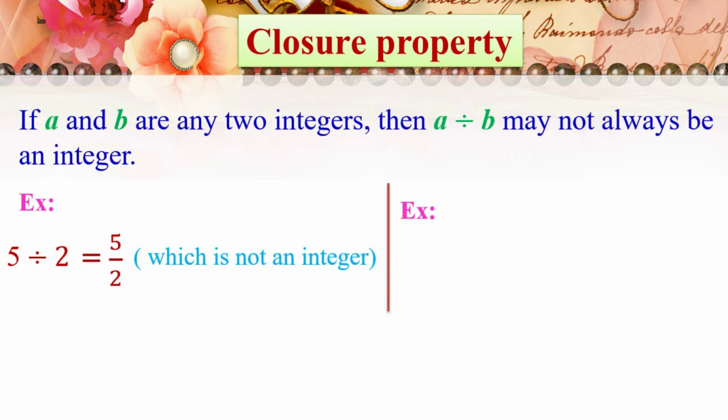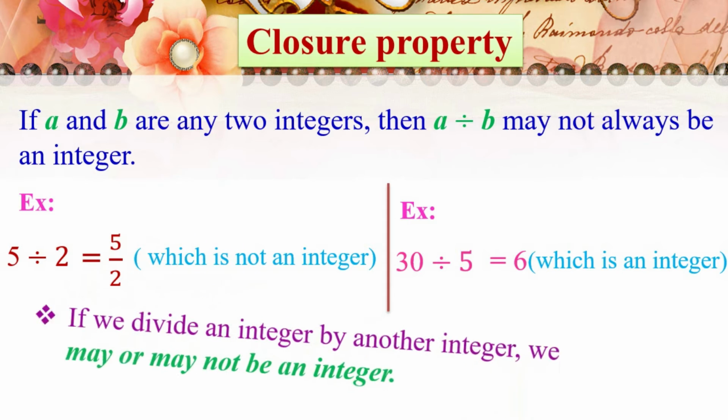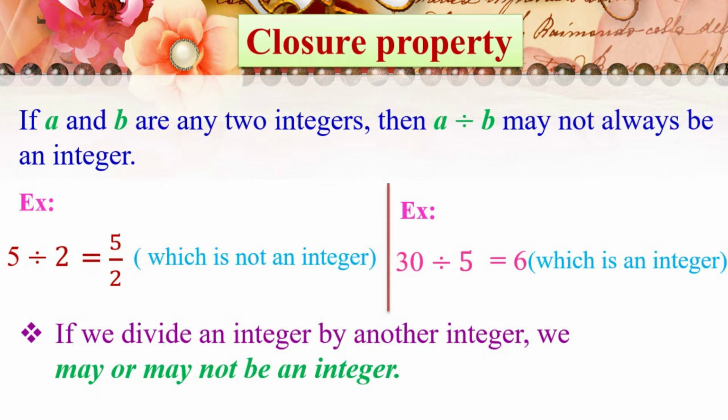Let's see another example. 30 divided by 5, we get 6. 6 5s are 30. We get 6, which is an integer. That means if we divide an integer by another integer, the result may or may not be an integer.